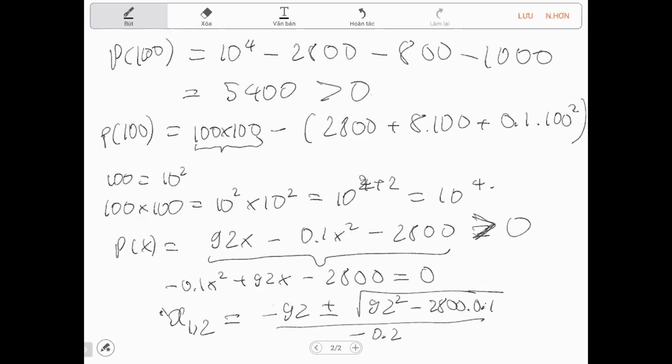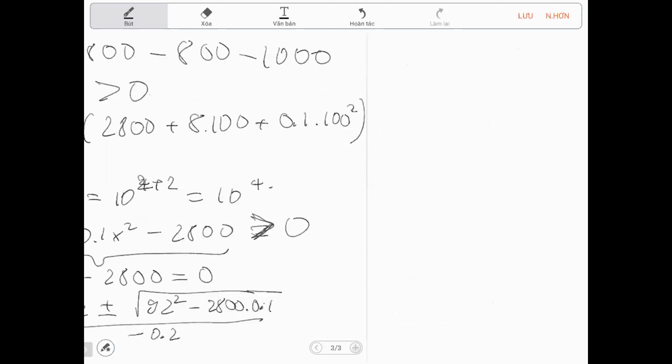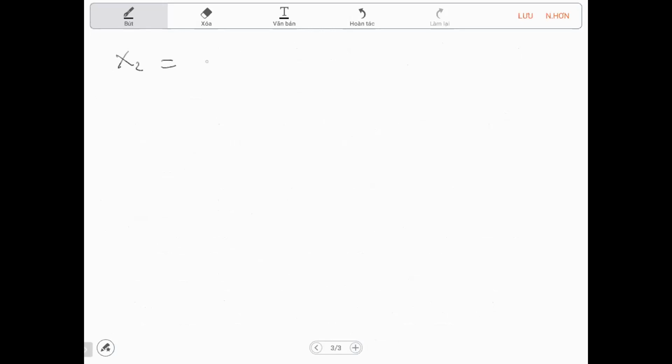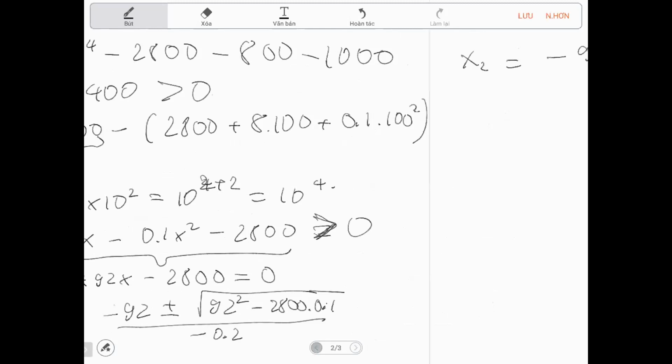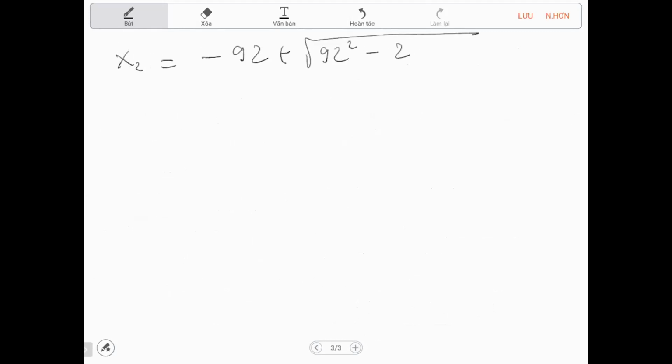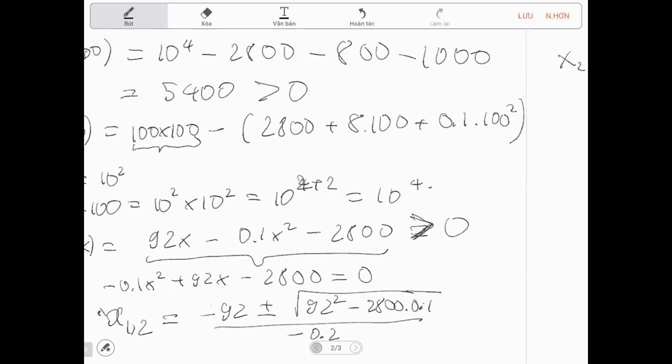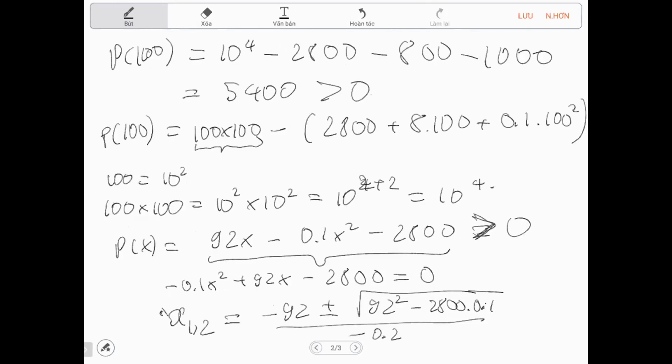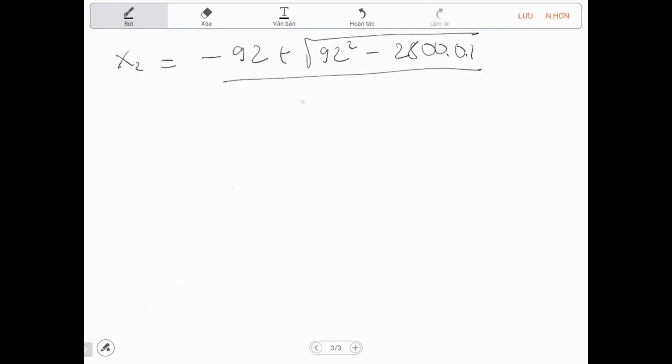The positive one, which I denoted by x2, is equal to negative 92 plus the square root of, and I get this from the quadratic formula, divided by 0.2. This is the negative solution. This one is negative.